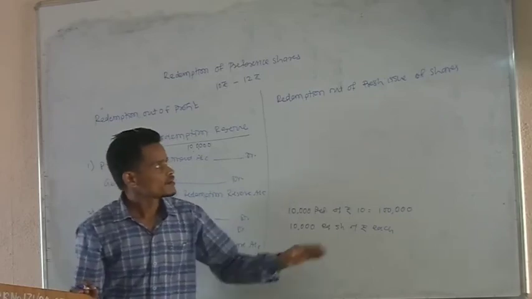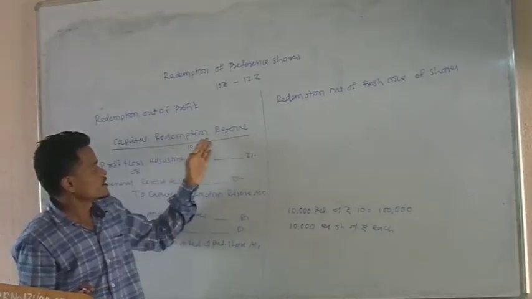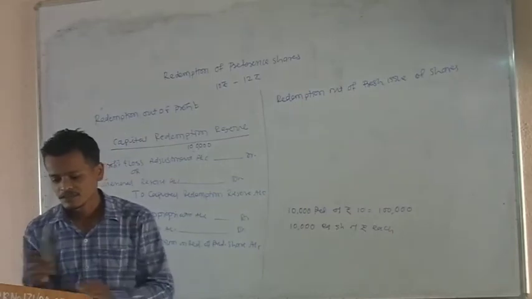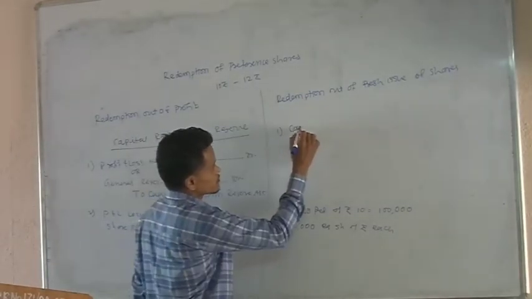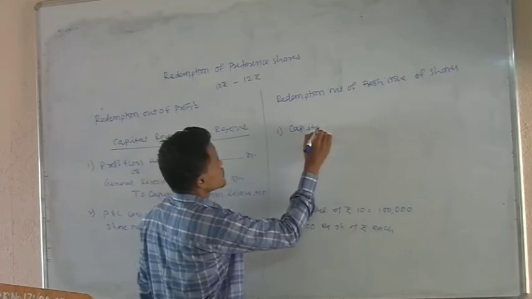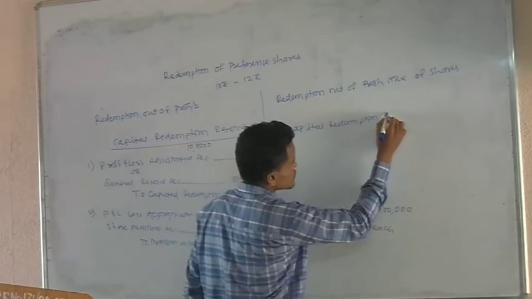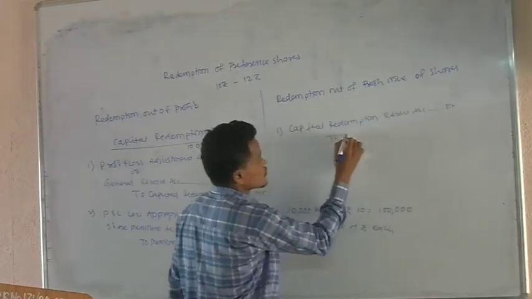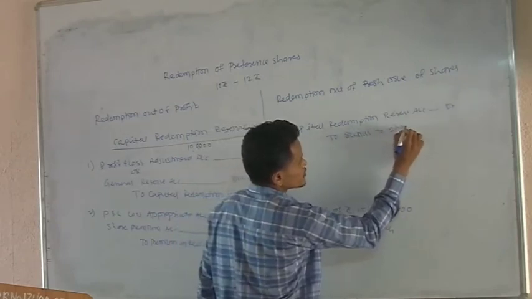And for the purpose of transferring the redemption reserve to the share capital, two entries are made. The first entry is capital redemption reserve account debit to bonus to shareholders account.